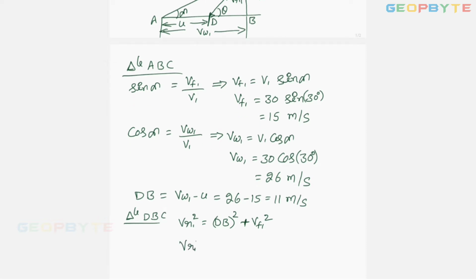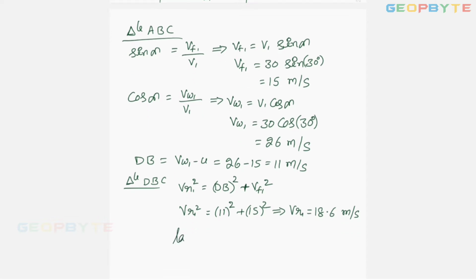So VR1 square equal to DB equal to 11 whole square plus Vf1 equal to 15 whole square. From this you can get the VR1. The VR1 value that I got is 18.6 meters per second.